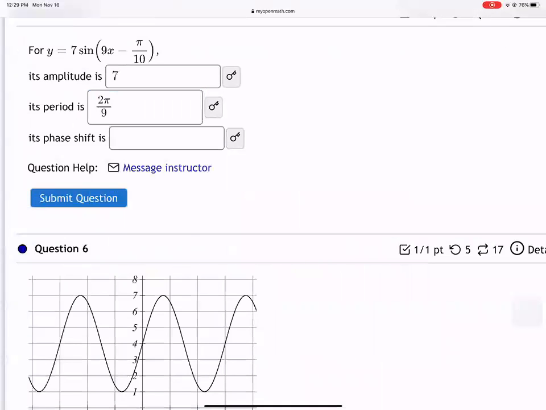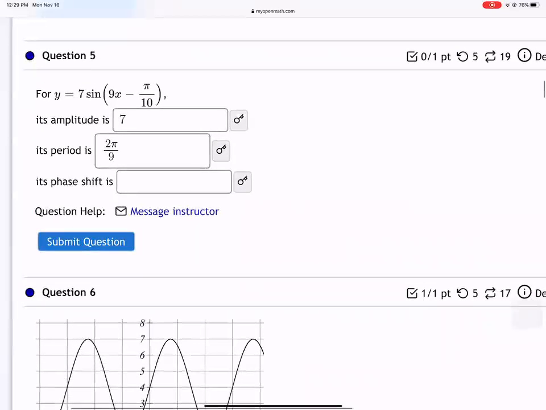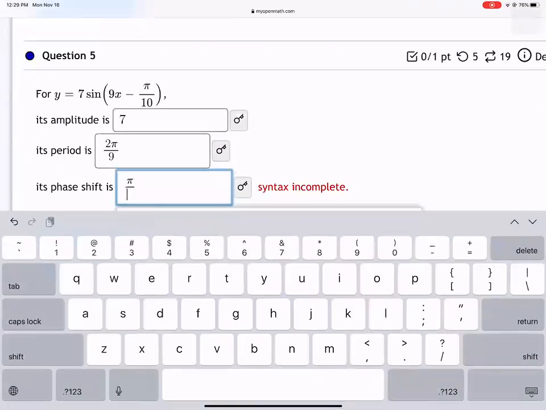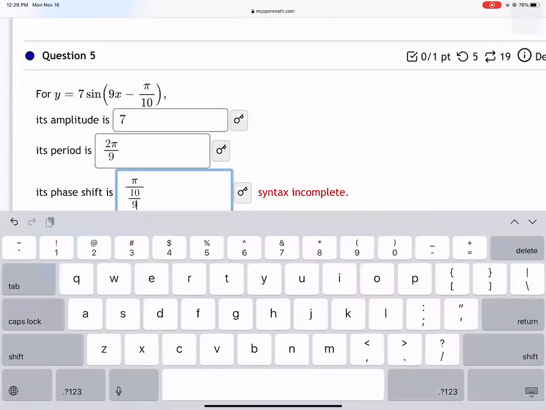And then the phase shift is x equals c over b. So it's pi over 10, and we divide this again by 9. Let me rewrite this to make it easier to look at.